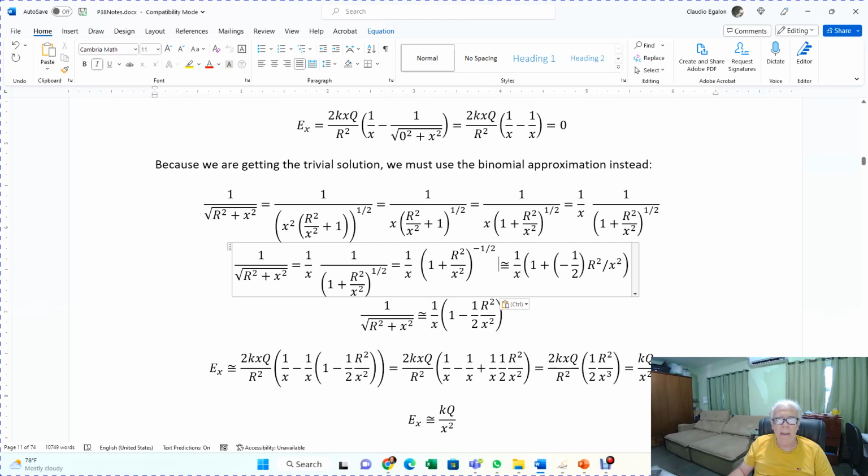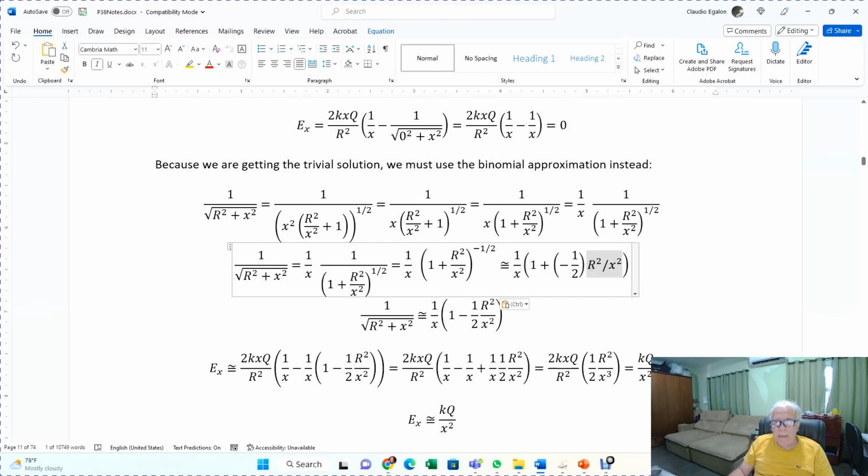Minus half, the power, times this term here. And I put an approximation because we have other terms that are going to end up being very small. We're going to have r to the fourth power divided by x to the fourth power, right?